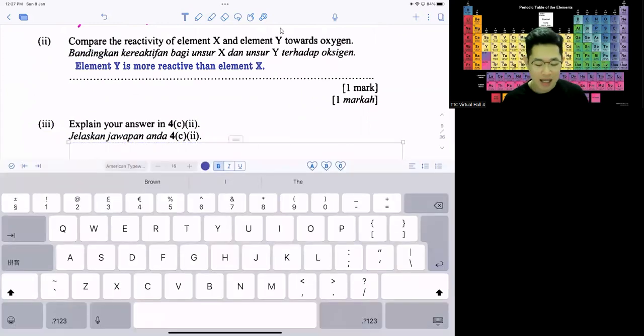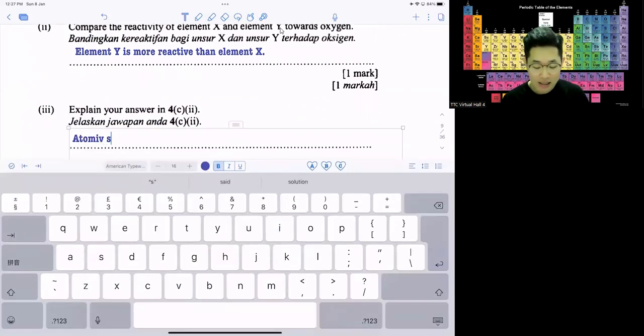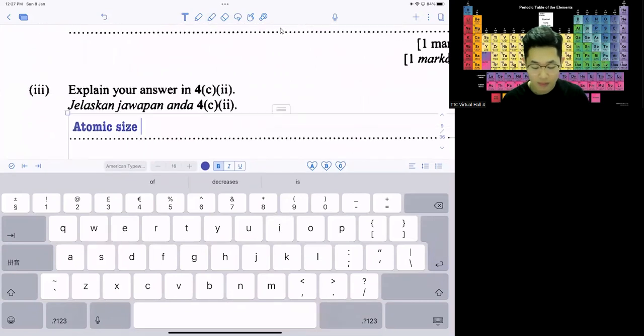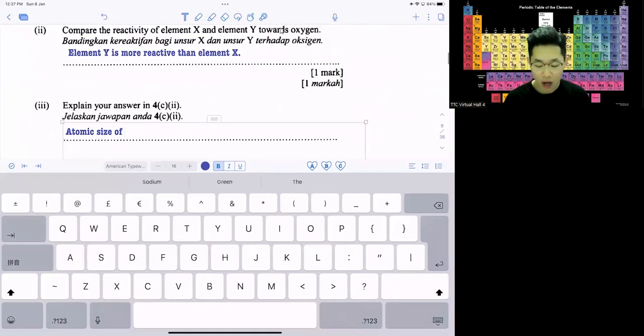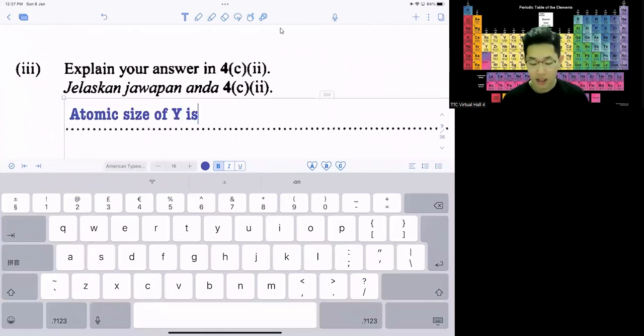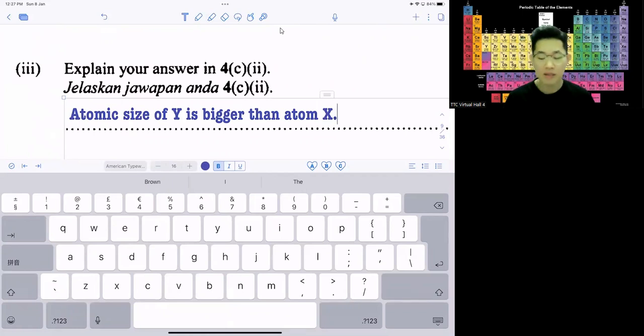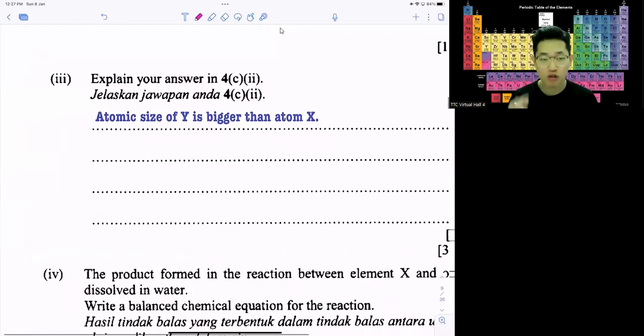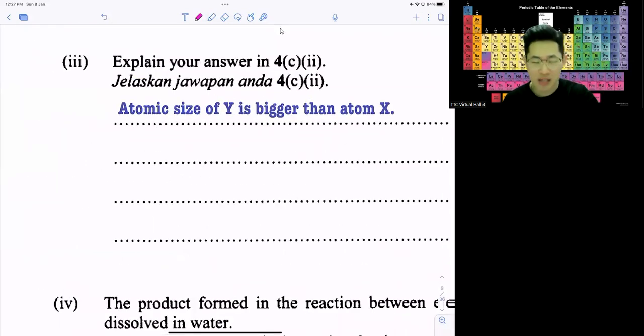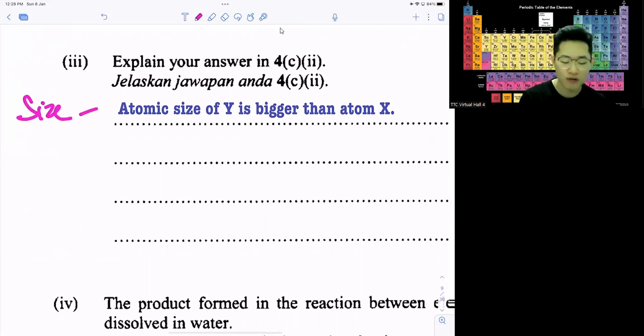So here we have to say the atomic size of Y is bigger or larger than atom X. Again, the atomic size of atom Y is bigger than atom X. For the periodic table, they want you to explain group 17 melting and boiling point, group 17 reactivity, group 1 reactivity, group 1 melting and boiling point. The first point will always go with size.